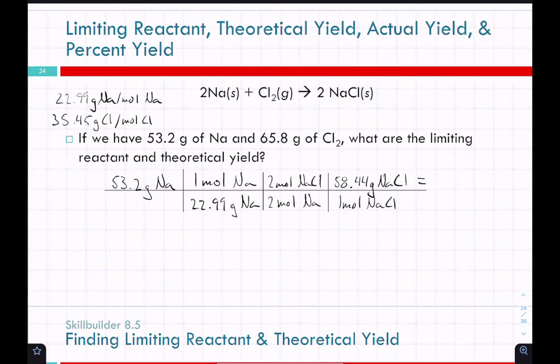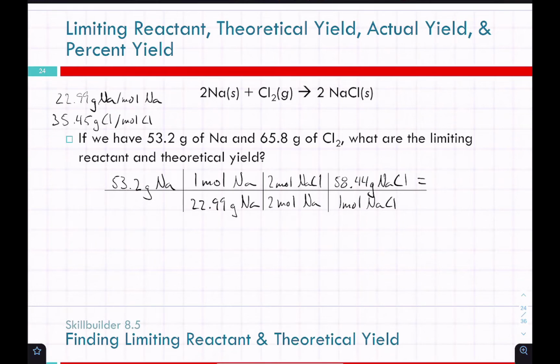Okay, so we can calculate this. So 53.2. Remember, this isn't going to be our final solution here. We still have to figure out how much sodium chloride we can make with the grams of chlorine that we were given. But we can calculate this one out for now and then compare later.